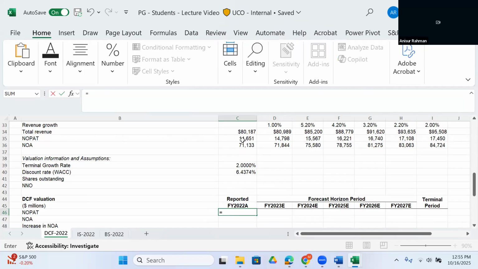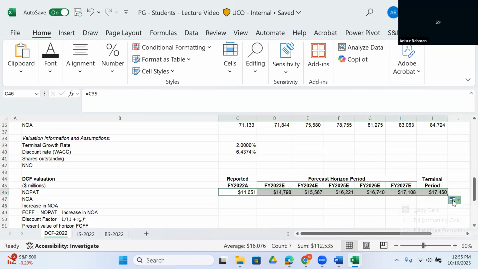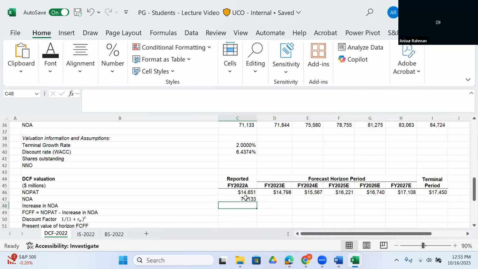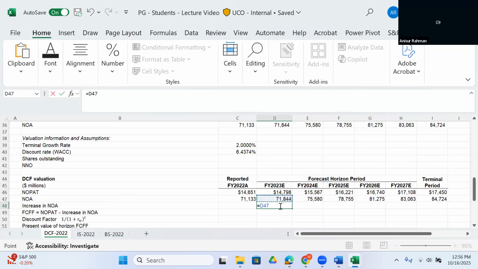Our NOPAT for 2022 is this, and then I'm going to pull across. I'm going to select without formatting. Similarly, net operating assets and pull across. Now increase in net operating assets, which is current minus previous.